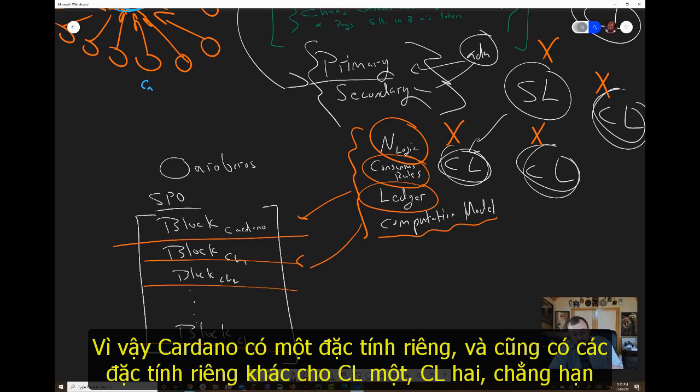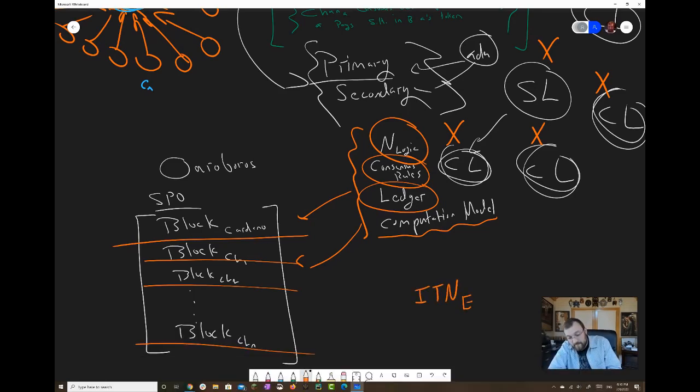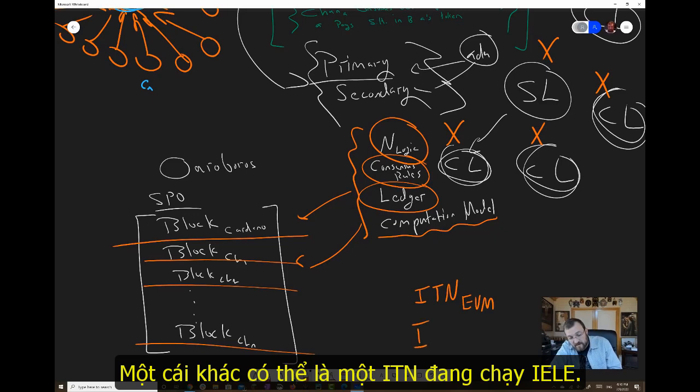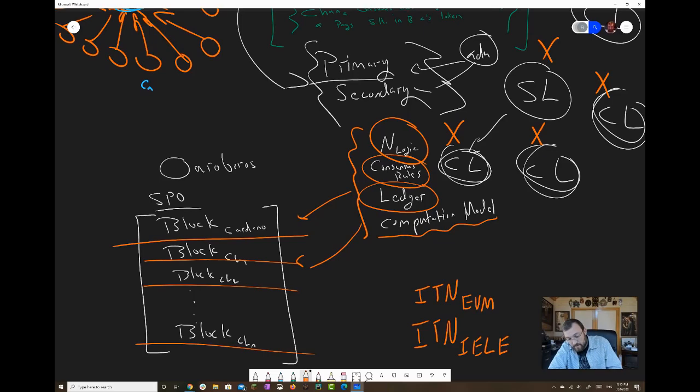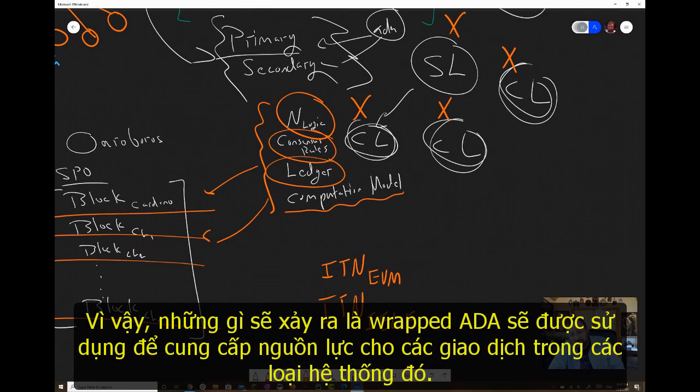For example, one of these can be an ITN running the EVM. Another one can be an ITN running Yella. And they don't have a native asset. So what happens is that wrapped ADA would be basically used to power transactions in these types of systems.